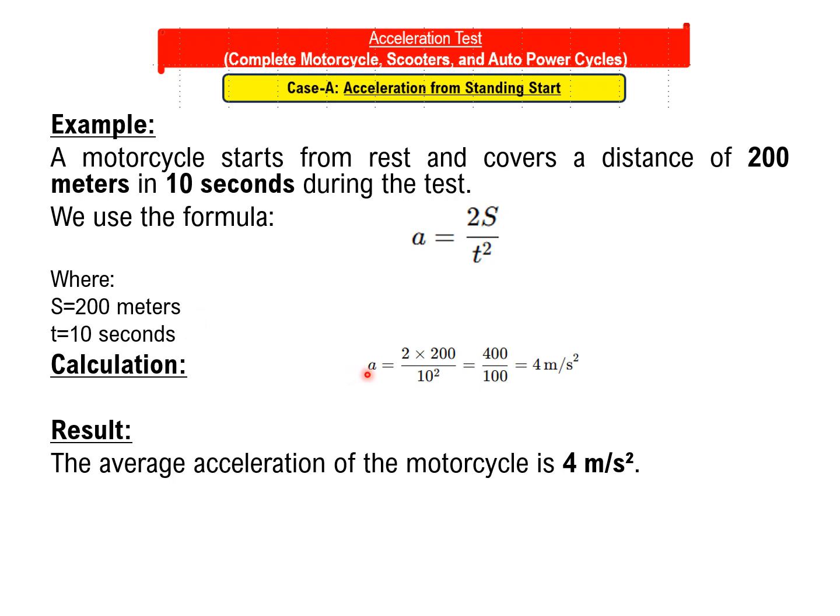By substituting the values of s and t, we get the value of average acceleration as 4 meter per second square. Therefore, the average acceleration of the motorcycle is 4 meter per second square.